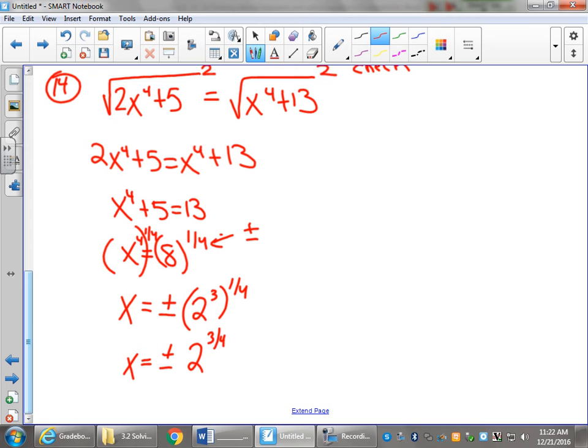So this is a plus or minus problem, but it's also, as we noted earlier, a check problem. Okay, this is going to be a little messy to check. Things are going to cancel pretty quickly, though, so it's not going to be too bad. Let's go ahead and check the positive first, and then we'll check the negative.